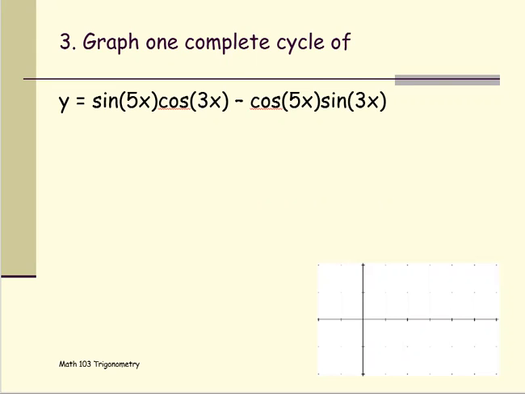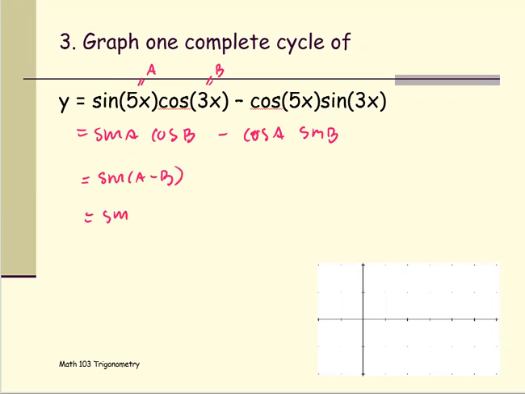What we have is in the pattern of sine A times cosine B minus cosine A times sine B, which is the formula of the sine of the difference, or sine of A minus B. That tells us we are going to rewrite it as, since A is 5x and B is 3x, the single trig function sine of 5x minus 3x, or just sine of 2x.